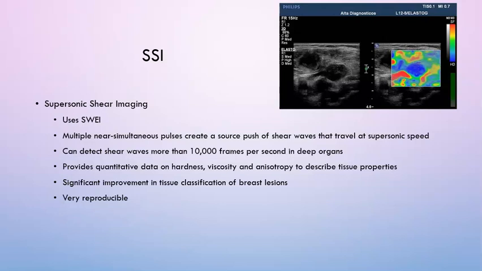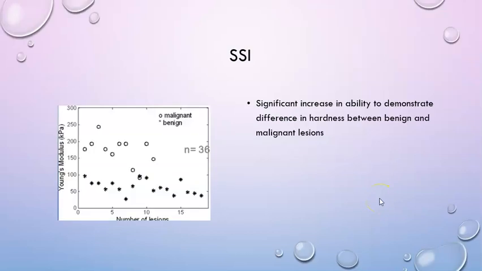We found that the use of SSI has improved the analysis of breast lesions greatly. It's a very reproducible type of imaging and can travel from one lab to the other, and you should get almost exactly the same images when you go using different equipment using the same technique.